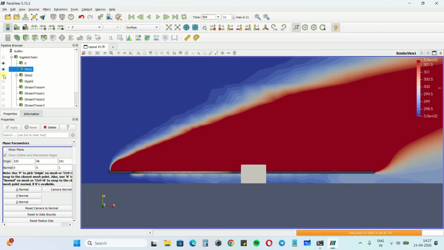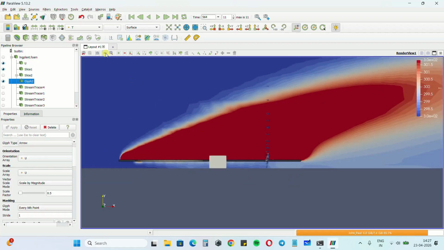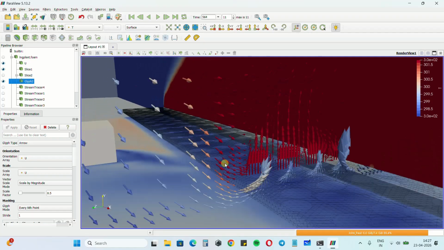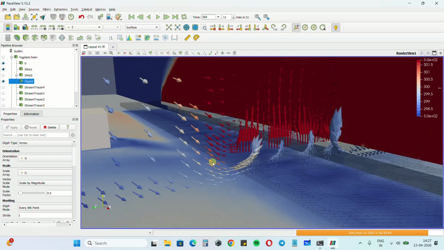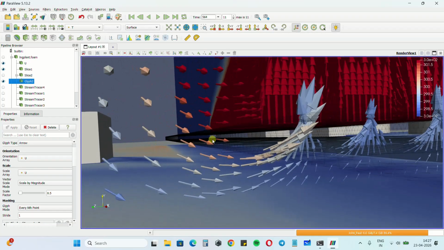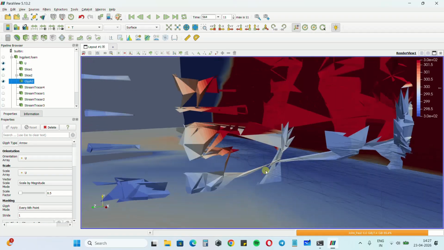I have also created a vector scene, so you can see that some recirculation, especially over the side, is present. Over the sides, the temperature of the incoming flow is raised prior to going to the inlet.